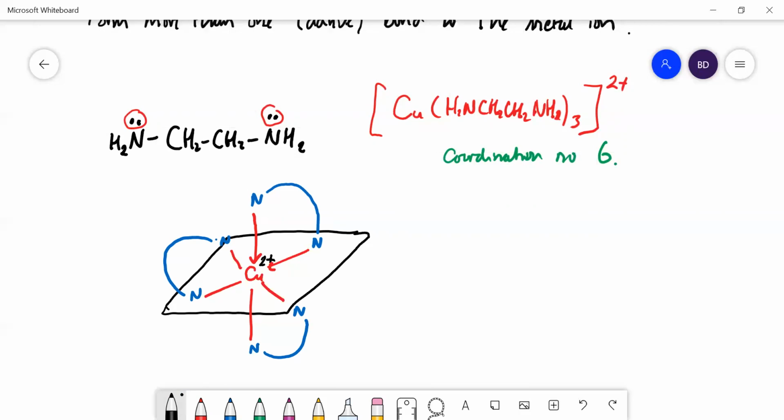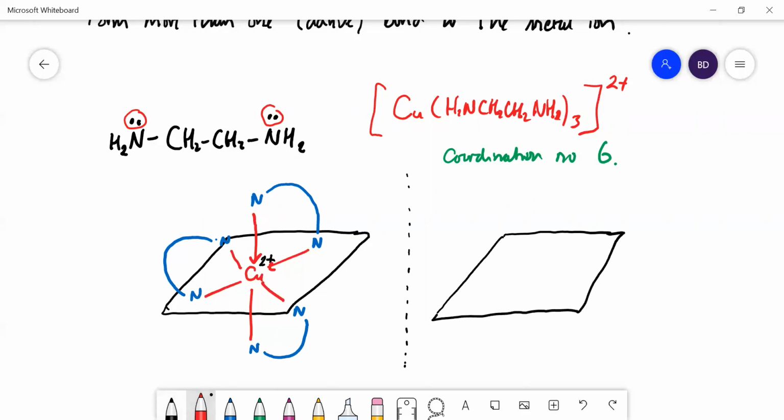Now, interestingly, if you draw a mirror image of that, you would see, you might be able to see anyway without drawing a model, that they are non-superimposable mirror images of each other. So that means the complex can show optical isomerism.